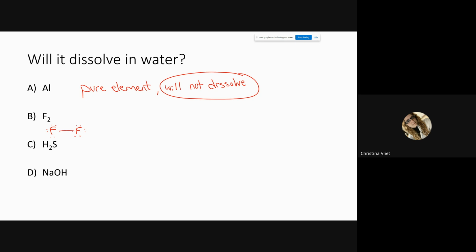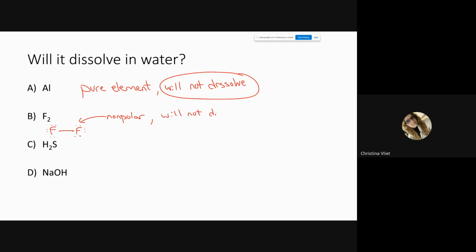Whether you call it a pure element, which is technically boring, or you call it a non-polar molecule, regardless, it's still not going to be dissolved by water. It's covalently bonded, right? But it's non-polar. I'm going to go with non-polar, and it will not dissolve.